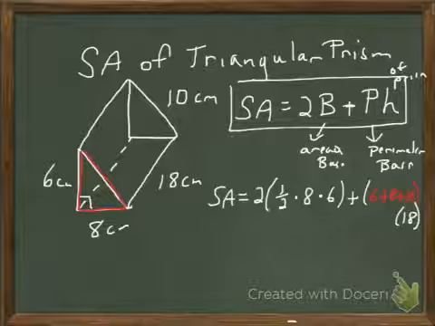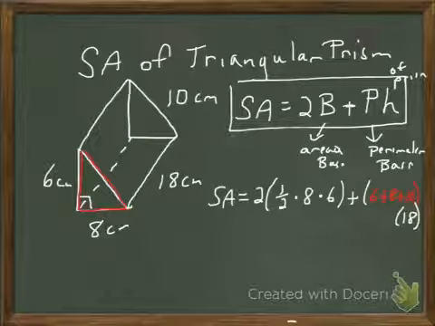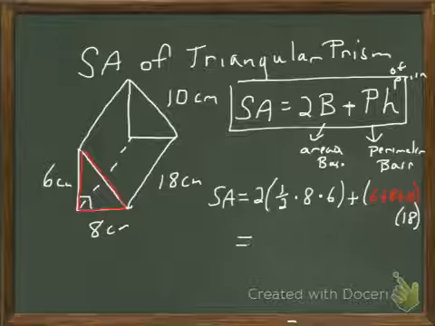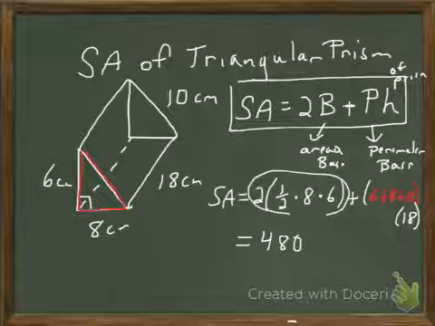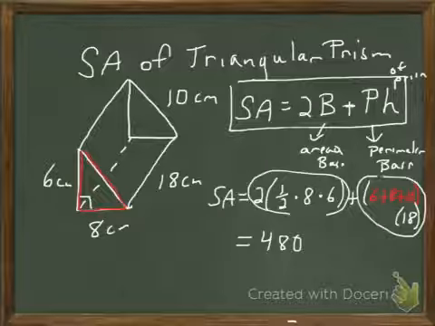I'm not going to do all of this for you, but if you did all your multiplication and then added these two together, you should get 480. You would just need to do them separately: figure out what this is, figure out what this is, and then add them together.